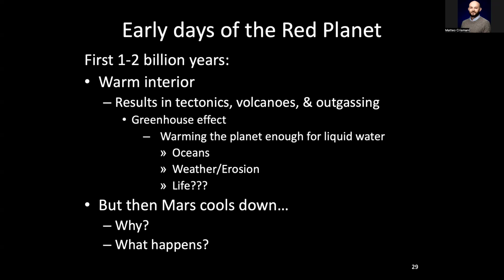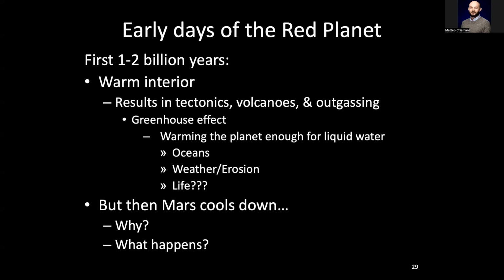But why does the interior compare to the Earth?